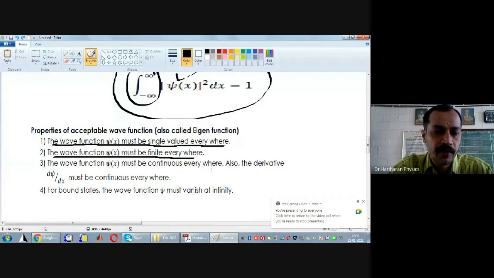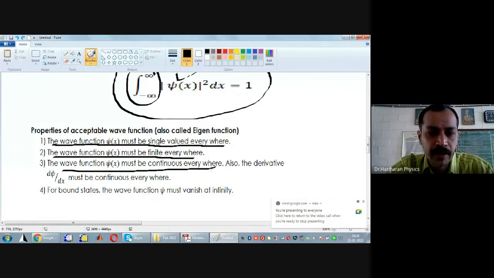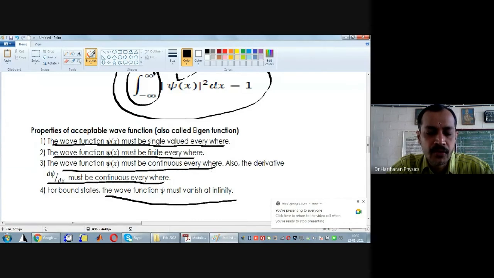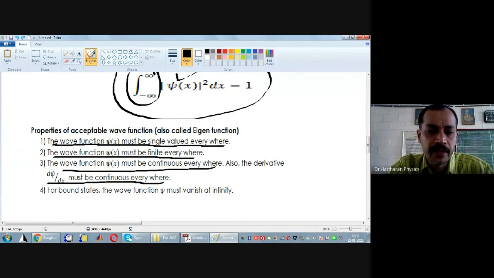Third property of the wave function is the wave function must be continuous everywhere. Also, its derivative, namely d psi by dx, must also be continuous everywhere. Next, its value must be 0 at an infinite distance.